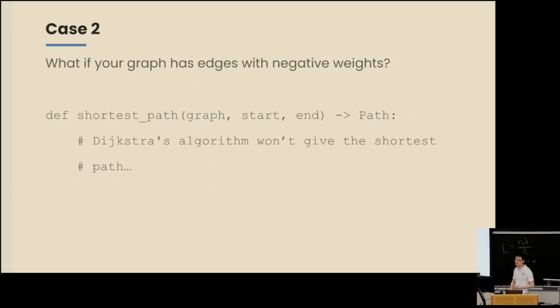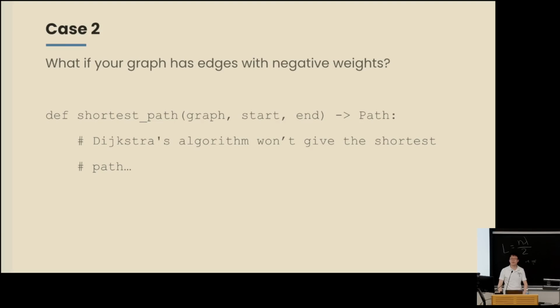Okay. Case 2. Let's add to it. Not everyone has taken C73, but my case 2 is what if my graph has edges with negative weights, and hopefully we all know that Dijkstra doesn't work. Good. We've learned everyone's learned C73. Okay. That will give the shortest path.